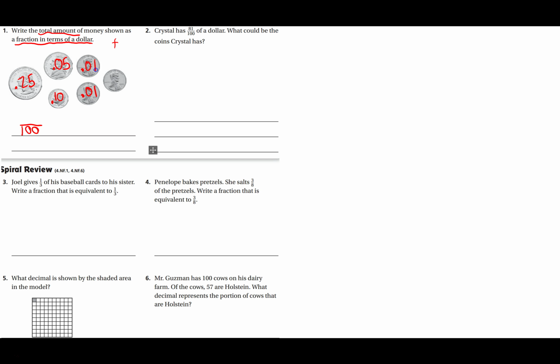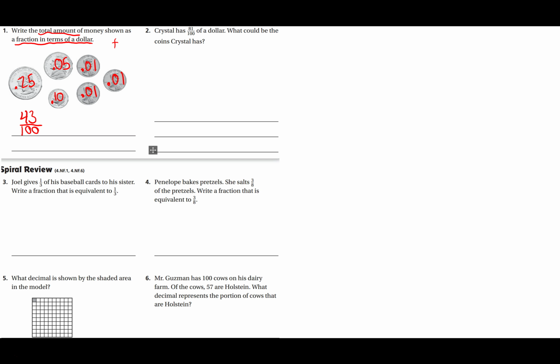So we put the 1 in the hundredth spot. Okay, and now we add these up. 25 plus 5 is 30. Plus 10 is 40. Plus 3 more cents would be 43 cents out of a dollar. So 43 out of 100.